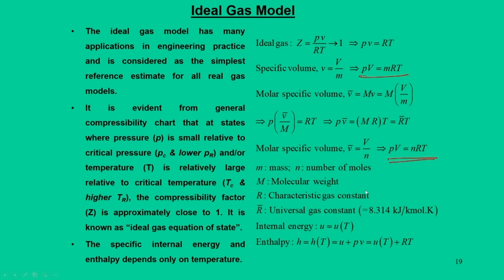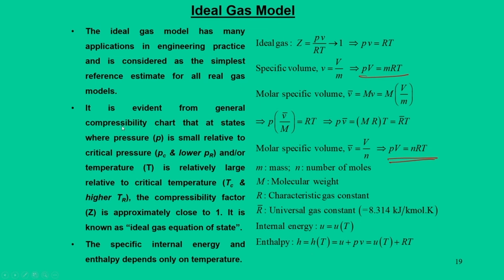Apart from this, we also say that for an ideal gas, the internal energy is a function of temperature only. In fact, we have already proved this through our thermodynamic relations. Enthalpy is also a function of temperature, because enthalpy consists of U plus PV. Already U is a function of temperature, and PV is also a function of RT, since PV is equal to RT for an ideal gas. Because of this, enthalpy is also a function of temperature only.